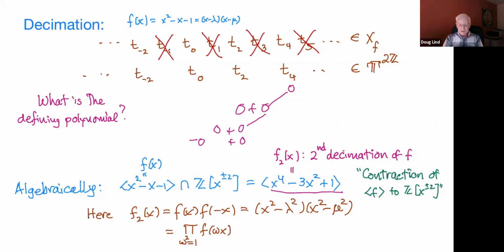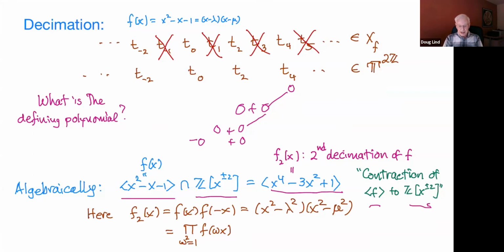Okay. And that's called the second decimation of f. Algebraically, what we're doing is just taking the principal ideal generated by f, and we're intersecting it with this subring of just even powers. And in commutative algebra, this is just the contraction of this principal ideal to a subring Z bracket plus or minus 2.